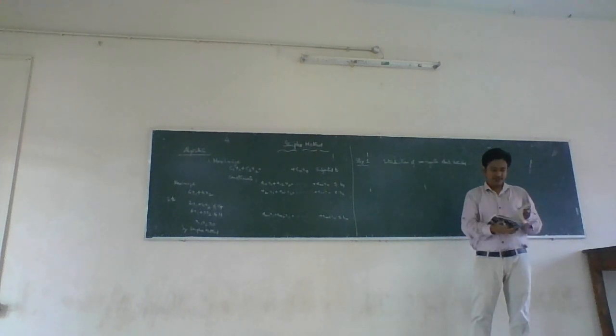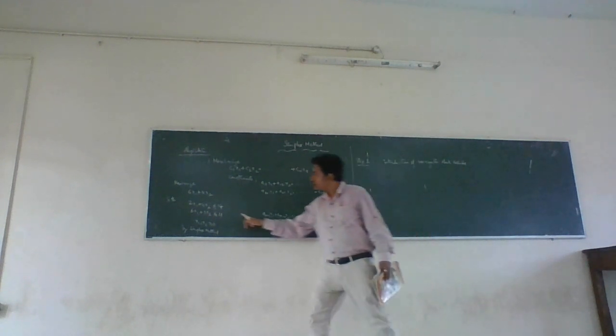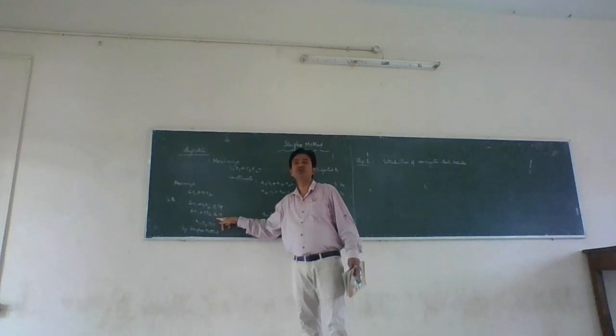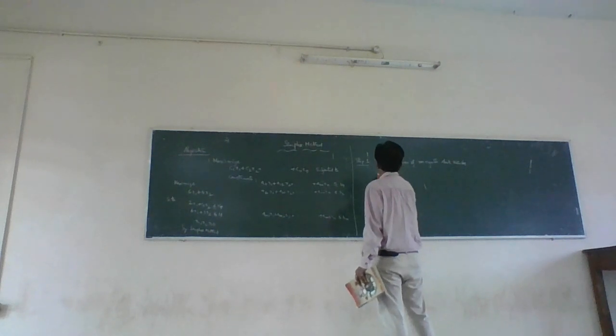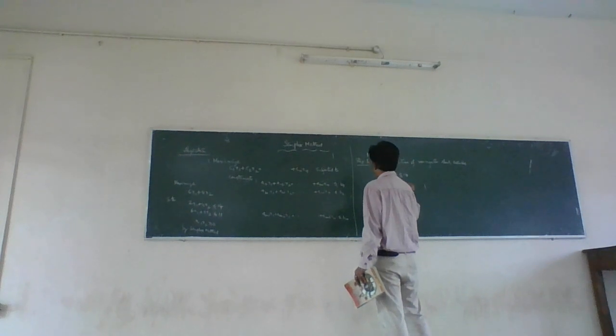Step number 1 says convert the inequalities. What are the inequalities given? This is inequality, equation 1, and inequality, equation 2. Now we need to convert these two into equalities. The inequalities given are 2x1 plus 4x2 less than or equal to 14, 6x1 plus 3x2 less than or equal to 11.